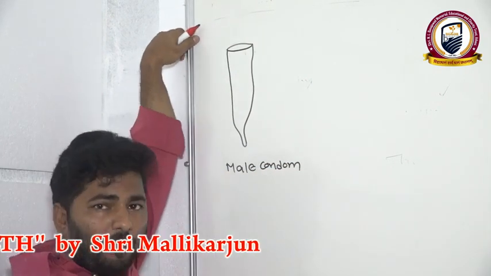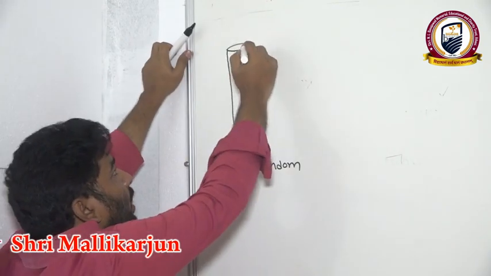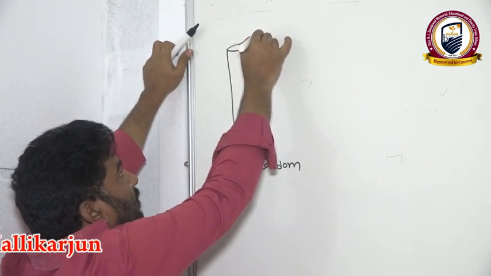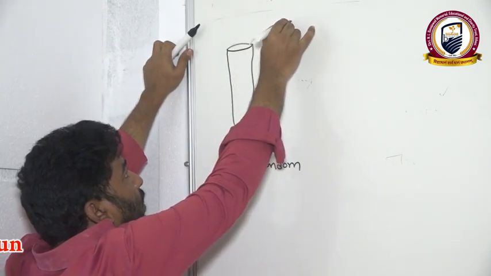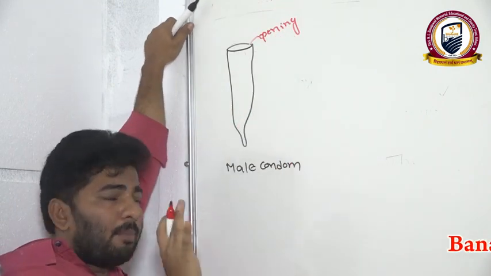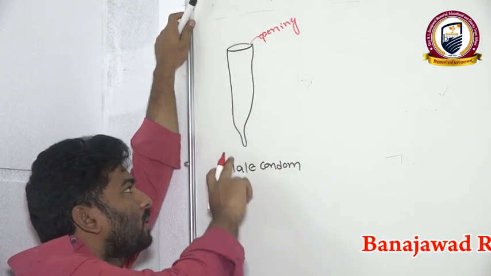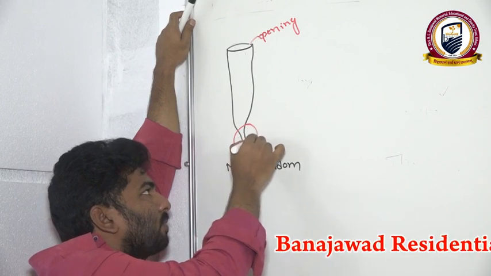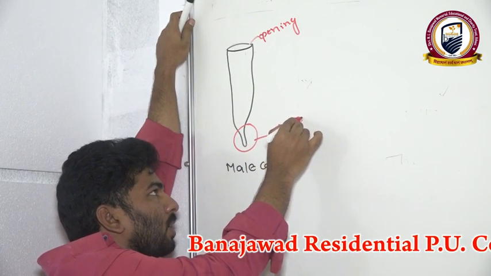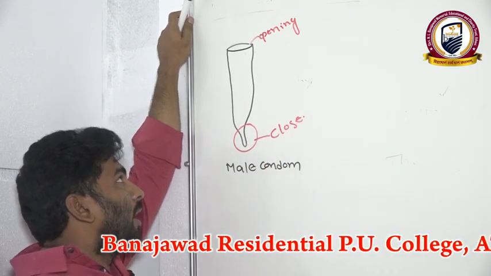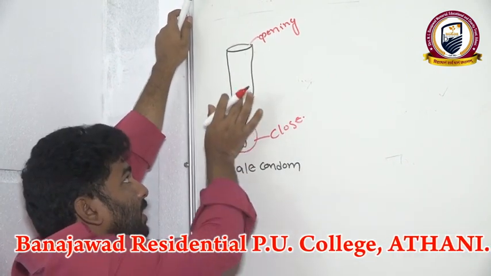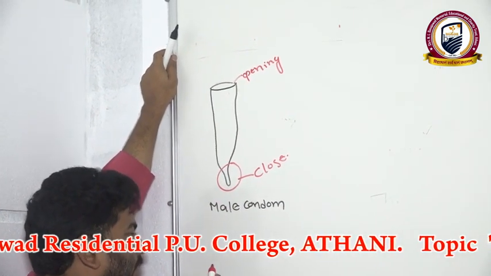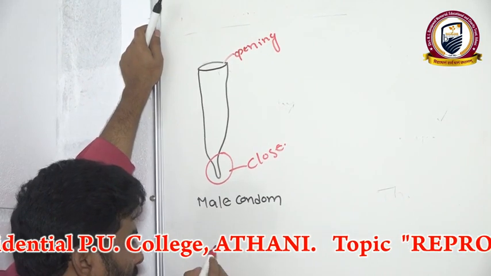The male condom has only one opening. One side only has an opening, and the other side should be closed. It is used to cover, for example, the male penis.